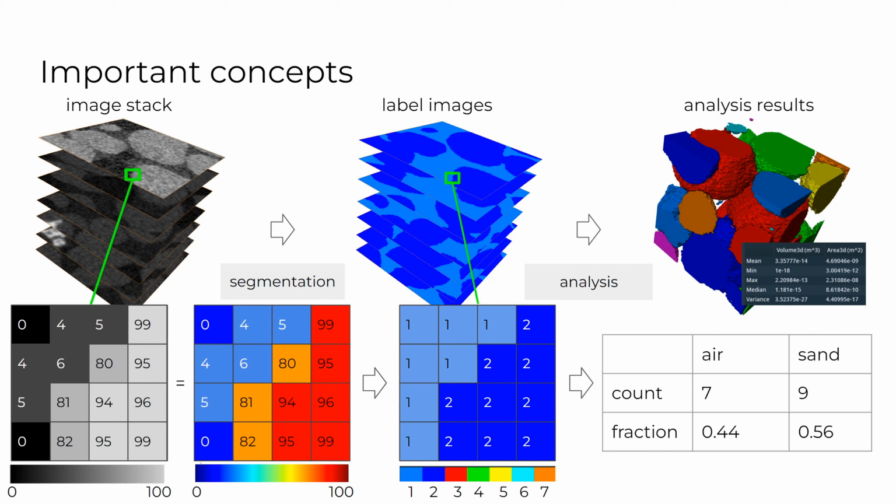Or you can get the fraction, for example, that says air is 44% and sand is 56%, and so on. And this is just a simple example. You can have more complex analysis that I'm gonna show in a little bit, okay? But this is what we will be working on today, segmentation and analysis.